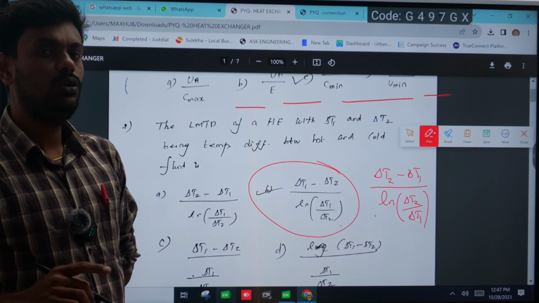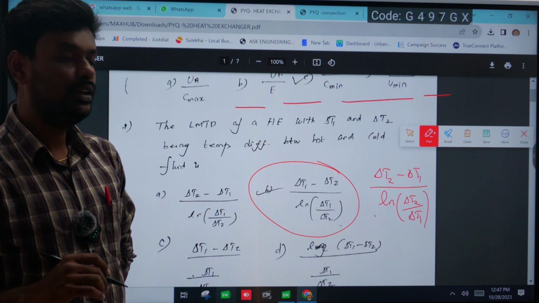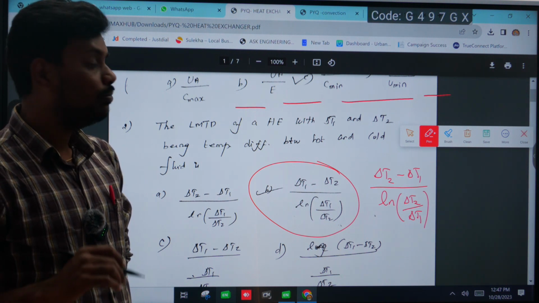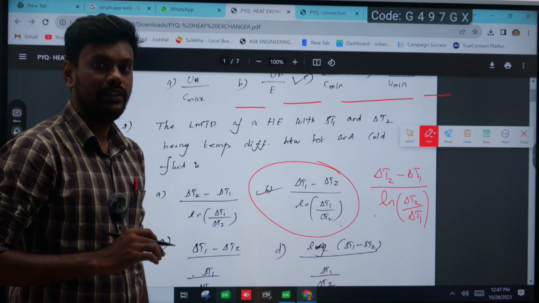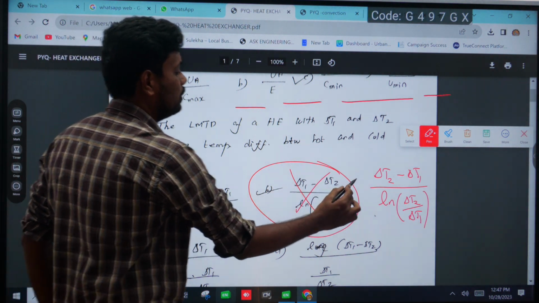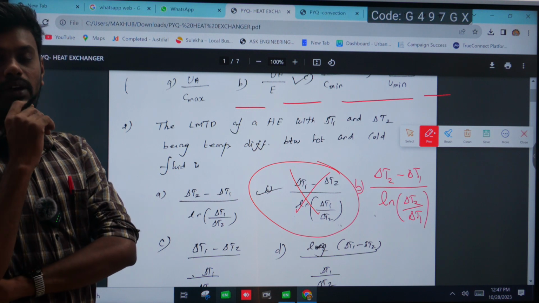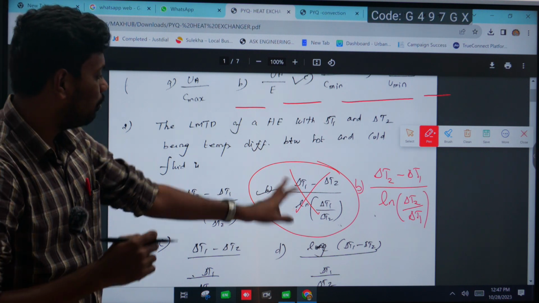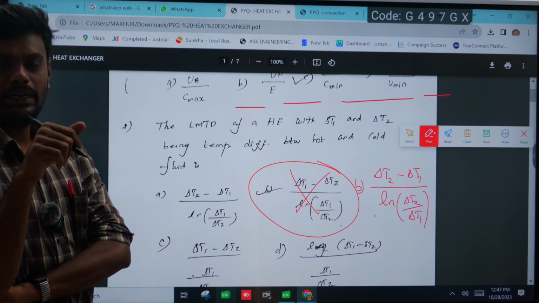But sir, you have told me that the formula for the heat exchanger is delta T1 minus delta T2 by ln of delta T1 by delta T2, and in the options nothing is given like that. Okay, so you take this as the option instead. You will remember in the examination hall only this formula, delta T1 minus delta T2 by ln of delta T1 by delta T2.